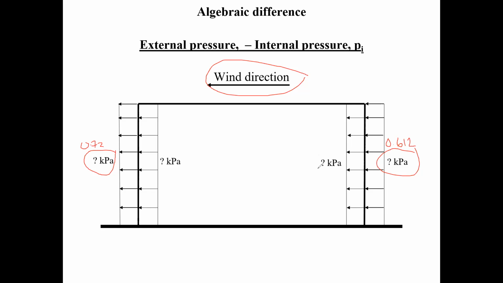Now, what did you get here for the internal one? That one I got negative 0.324. And what did you get here? There I got 0.216.